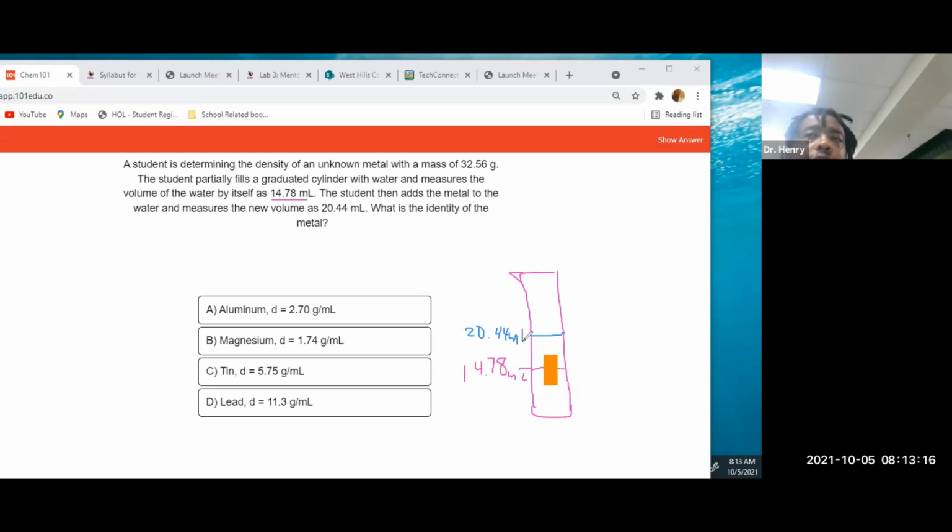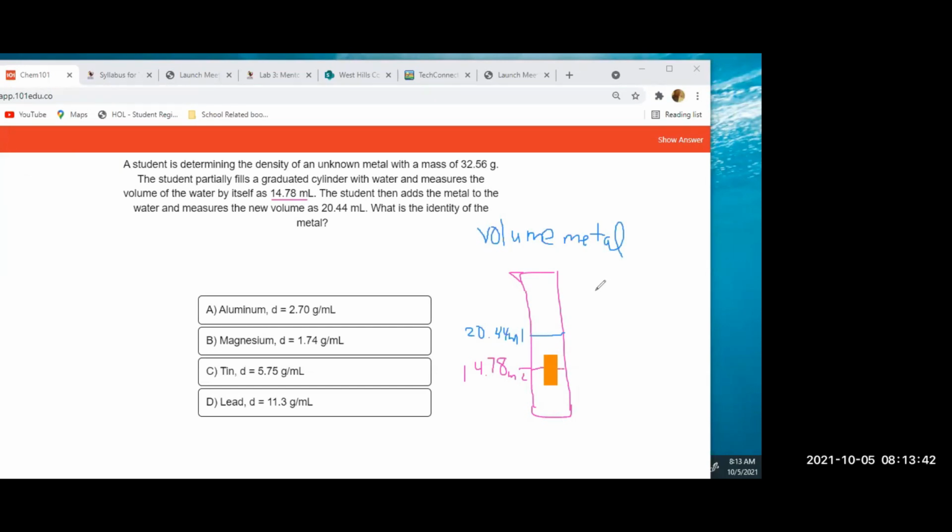So what would be the volume of the metal? Would you just subtract the 14.78 from the 20.44, or the 20.44 from the 14.78?